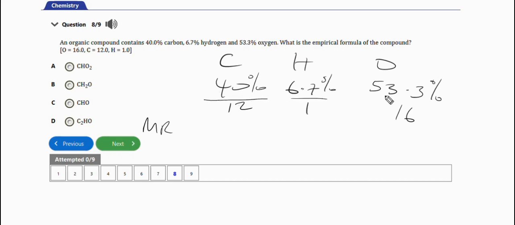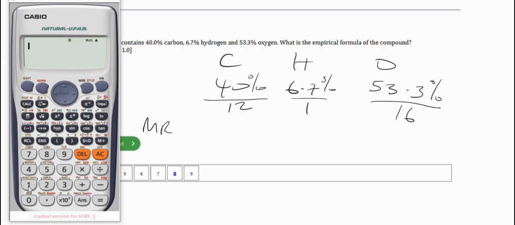Okay, so that's the procedure. So let's bring a calculator and punch this respectively. Firstly, we have 40 divided by 12. We have the output to be 3.3. Okay, this one is to give us 6.7.